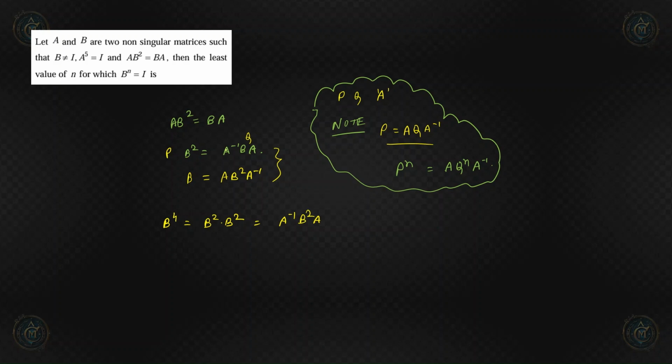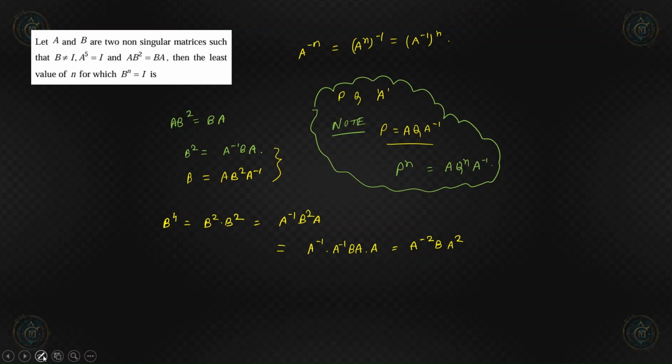So P square will give us A inverse Q square A. Now we can simplify this B square as A inverse times A inverse BA times A. So we can write this as A inverse square, then BA square. Here A inverse to the power n is basically the inverse of A to the power n.